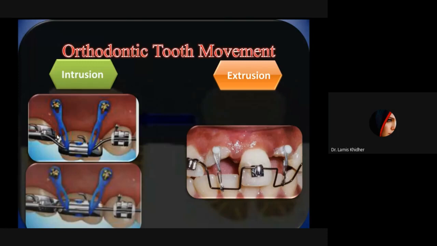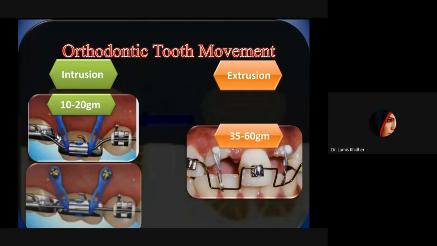The amount of force needed for intrusion is equal to 10 grams for the anterior teeth and 20 grams for the posterior teeth. While for extrusion, like the tipping movement, I need 35 grams for the anterior and 60 grams for the posterior teeth.